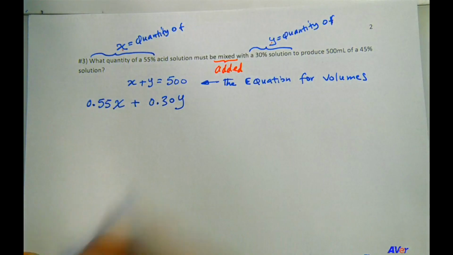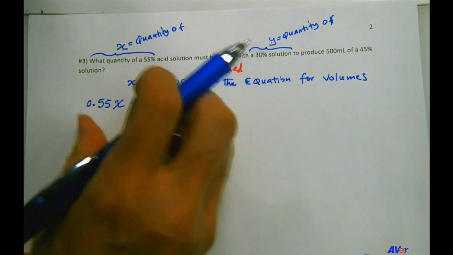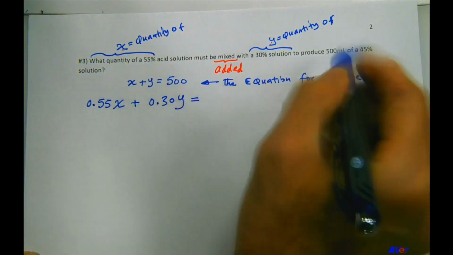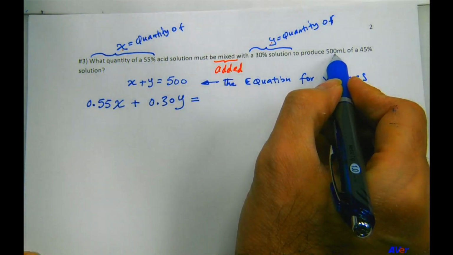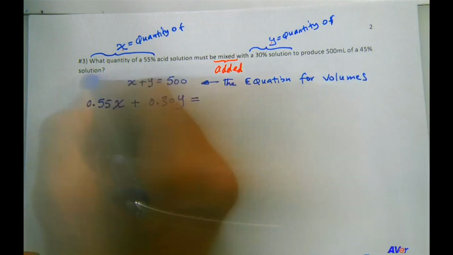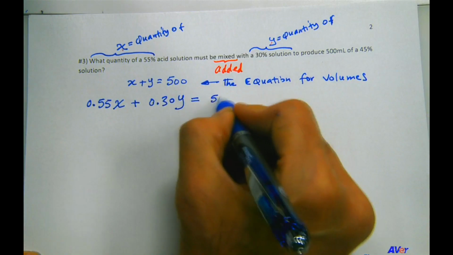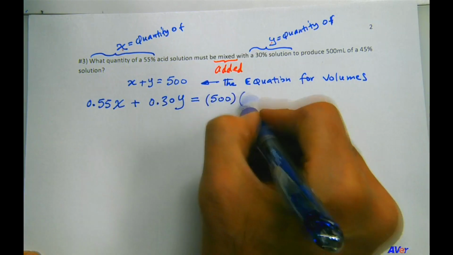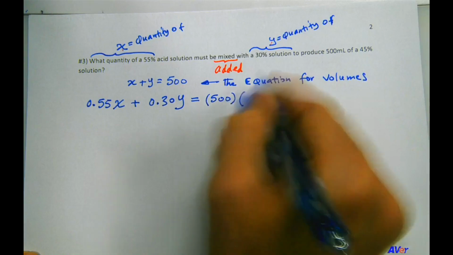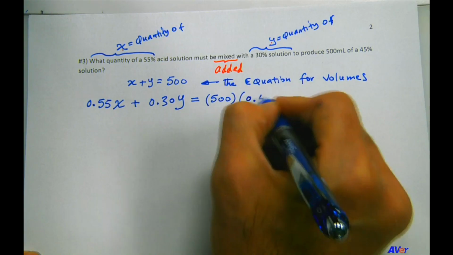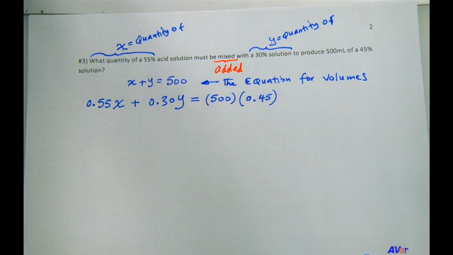Okay? Then, adding these two, we should end up with 500 milliliters of a 45% solution. So 500 times the concentration of the total mix, which is 0.45. Okay?